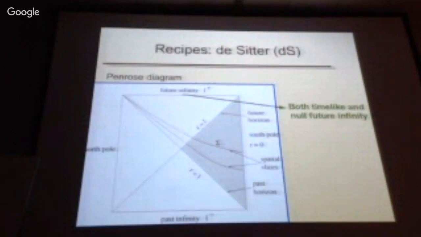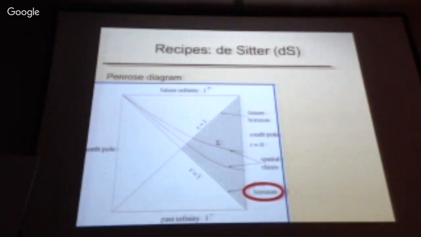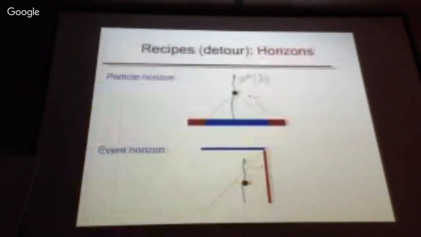So it's not a point anymore, it's a horizontal line. And the same for the past infinity. And spatial infinity is now this part. So the first thing you see is the word horizon. So let's see what that means.